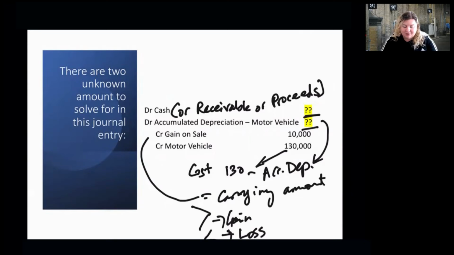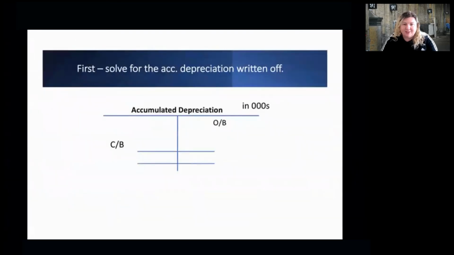We need to solve for both the accumulated depreciation written off, and the cash proceeds for this question. We start off by solving for the accumulated depreciation that's been written off. The question says the opening balance of accumulated depreciation on motor vehicles is 230, and the closing balance is 290.